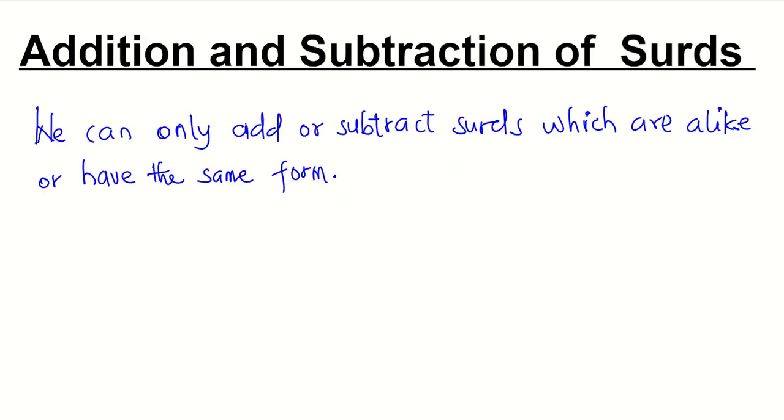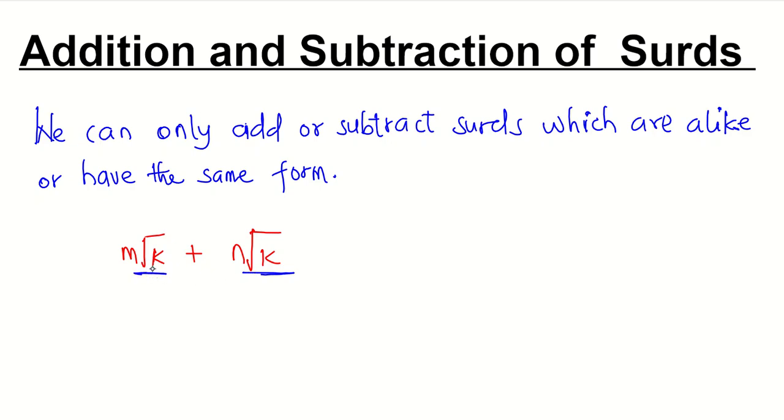Let's start. Now, the addition and subtraction of surds. We can only add or subtract surds which are alike or have the same form. This implies that if we have a surd like m multiplied by the square root of k plus n multiplied by the square root of k, we can add these two based on the fact that the root components are the same.